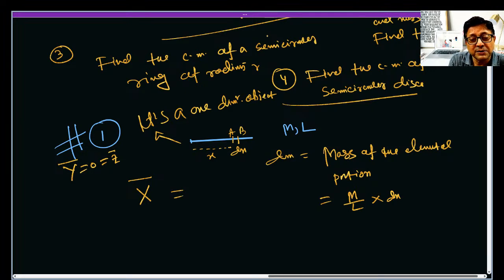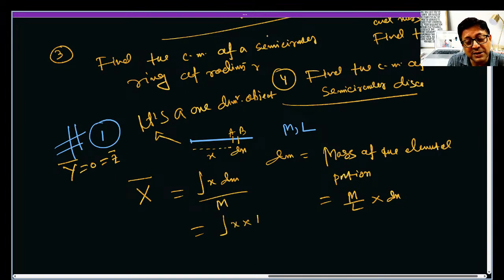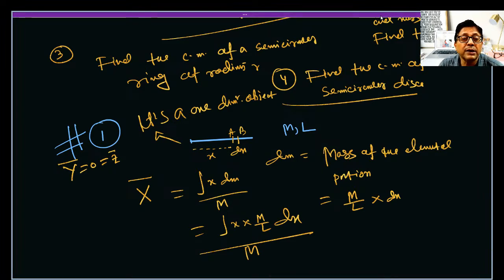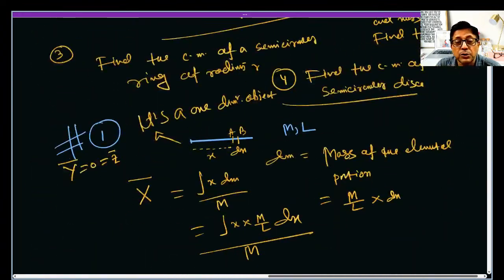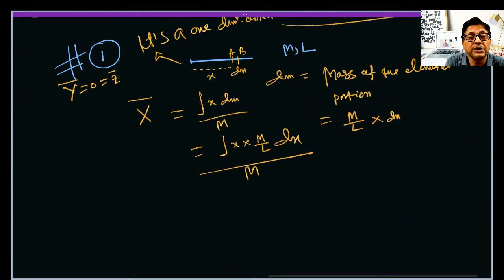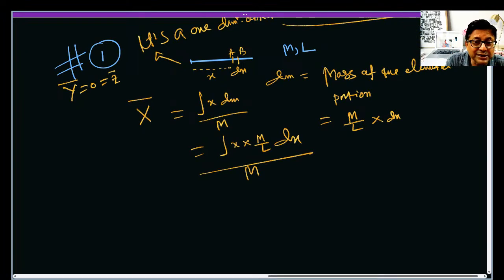So x bar will be what? x into dm by total mass. You have to multiply by x. This is the formulation. x means x only, dm means m by l dx, this divided by m, and then you have to integrate it over the whole solid. So you are taking moment of this part only, dm into x, where the whole part is considered. Integration means you have to sum over all the elements.